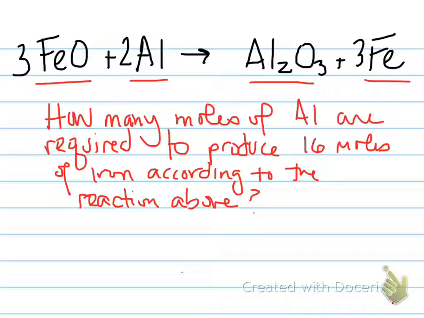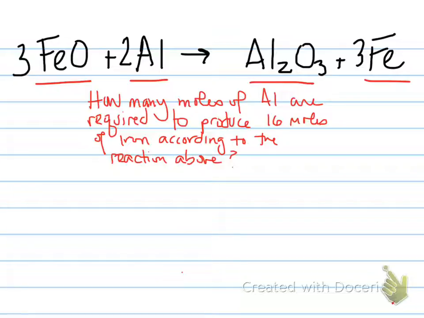Your given. Okay, so what's the given in this problem? Where do you have a quantity of something that's given to you in that problem? We have 16 moles of iron, and that is, in fact, our given.